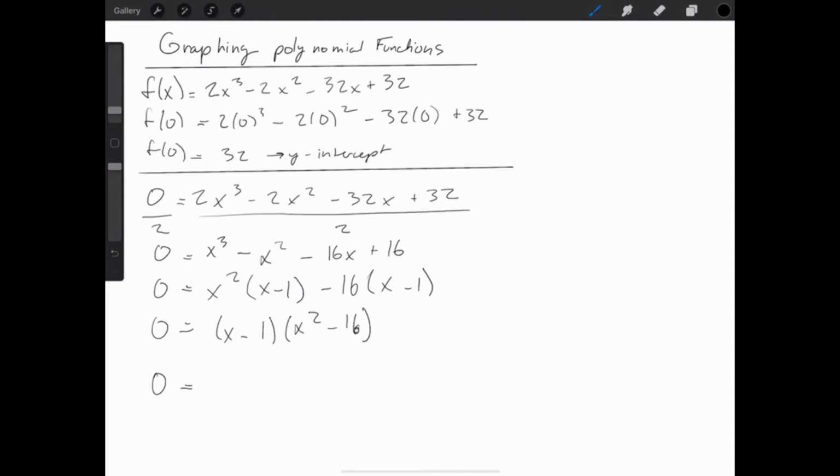So 0, we can separate these, but first let's just do x minus 1 times x minus 4 times x plus 4. And now we make all of these equal to 0. And just solve.